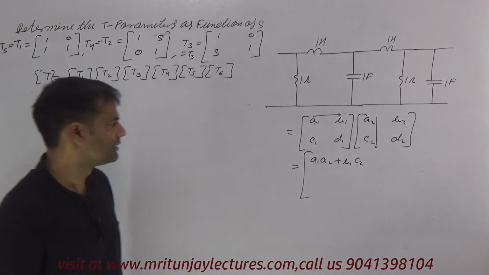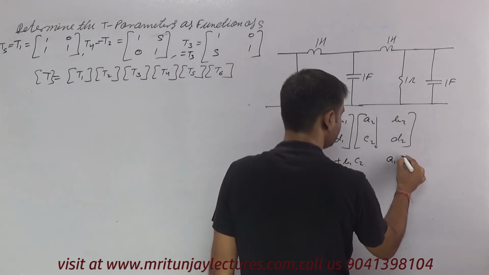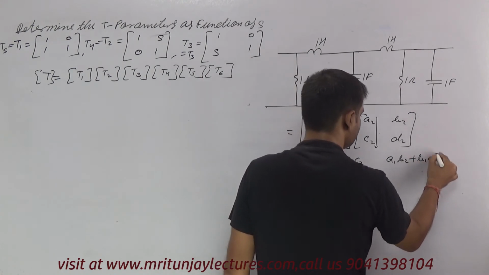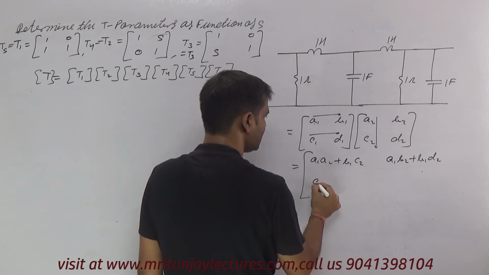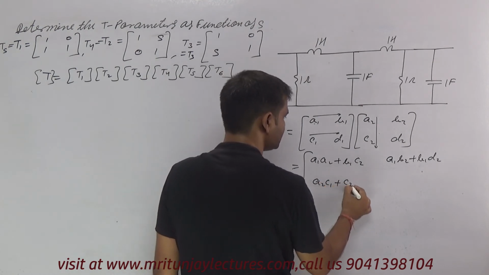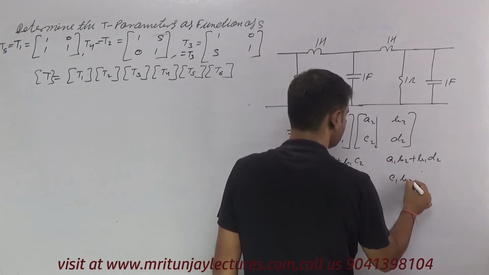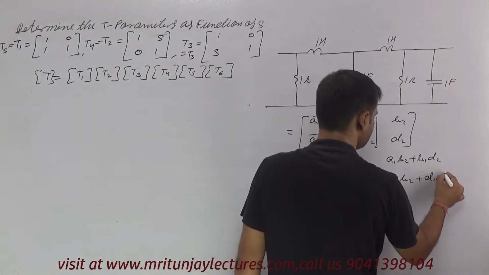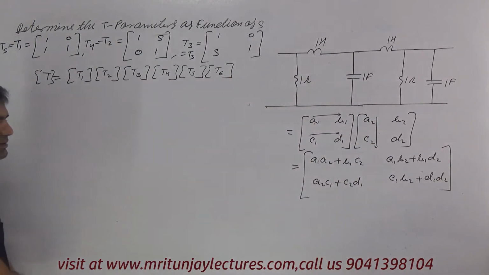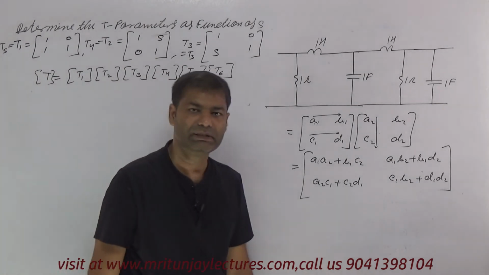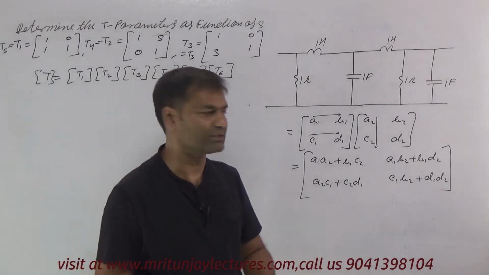Now this one multiplied here: A1 B2 plus B1 D2. Now the C-D row: A2 C1 plus C2 D1, and this one multiplied here: C1 B2 plus D1 D2. That is the T parameter.